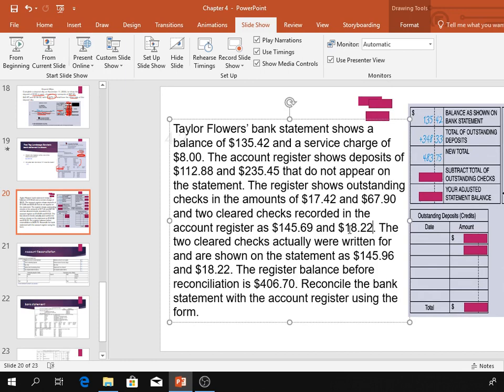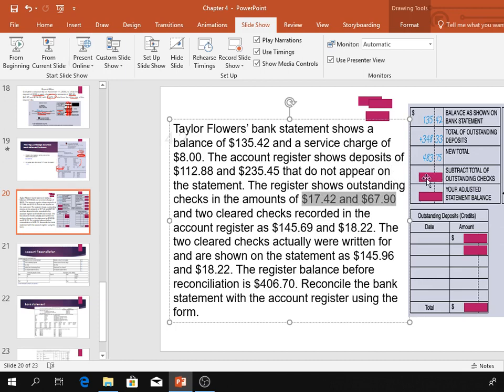That right there is extra information, because the checks cleared, they showed up in my bank statement, sorry. So these ones did not show up in my bank statement, although I did write them down in my register. So those are considered outstanding checks.